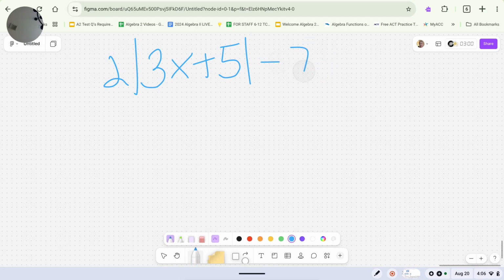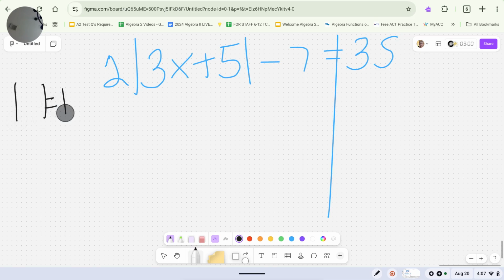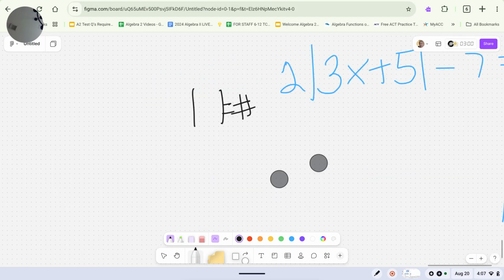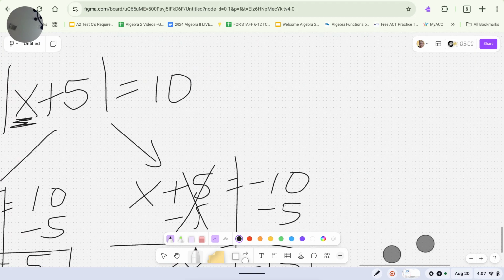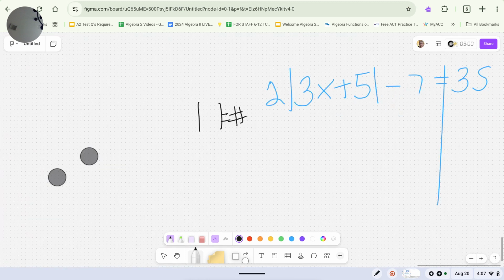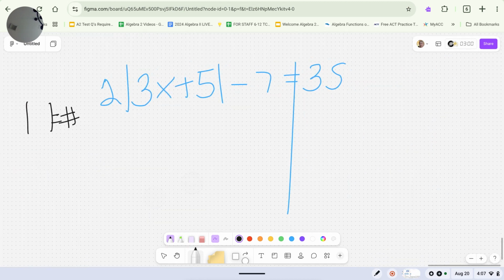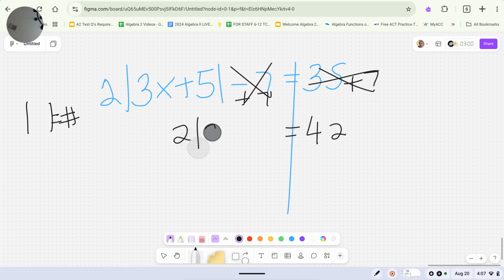My goal when I'm solving things like this in Algebra 2 is to get it to look like absolute value equals a number, just like we did earlier over here. We said the absolute value of x plus 5 equals 10. So I'm going to try to make mine look like that as well. The first thing I'm going to do is move my 7 over. 35 plus 7 is 42. So that's gone, and that equals 2 times the absolute value of 3x plus 5.